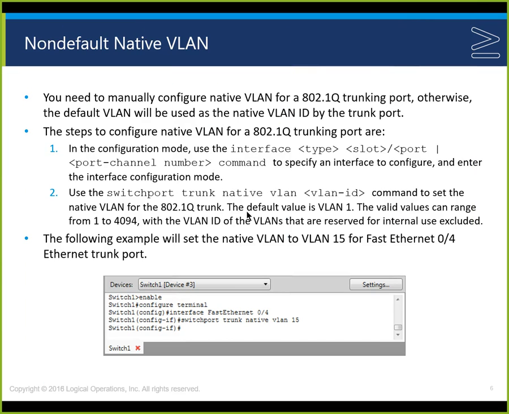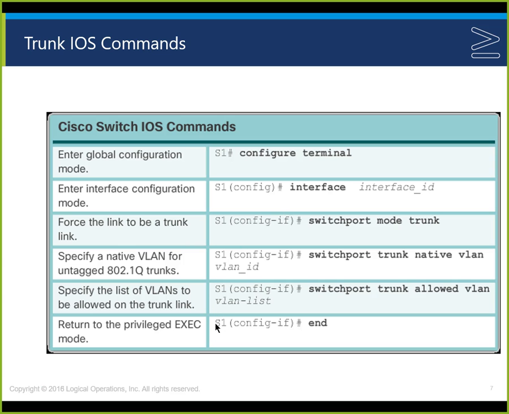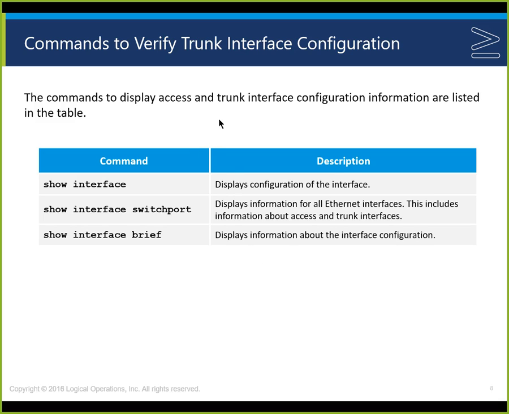So set the native VLAN. Native VLAN is where the untagged traffic goes. This is just the number of commands to do these things: switchport mode trunk, switchport trunk native VLAN, which is what we just did, switchport trunk allowed, the commands that we would use in here.